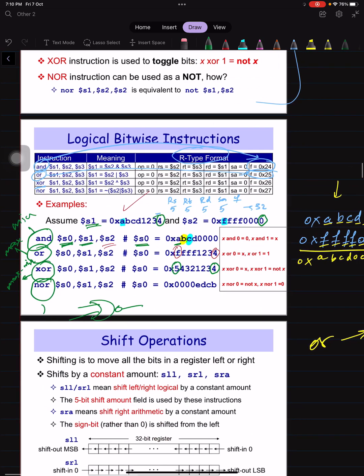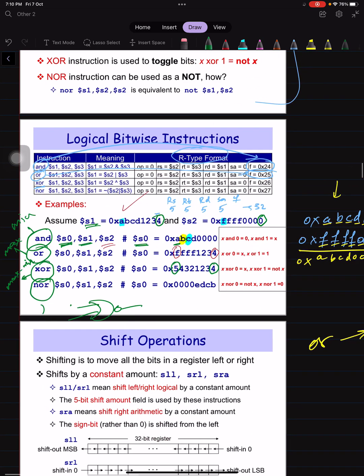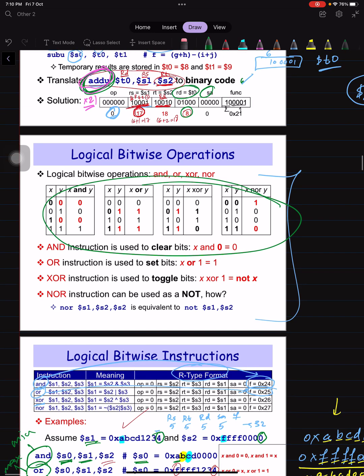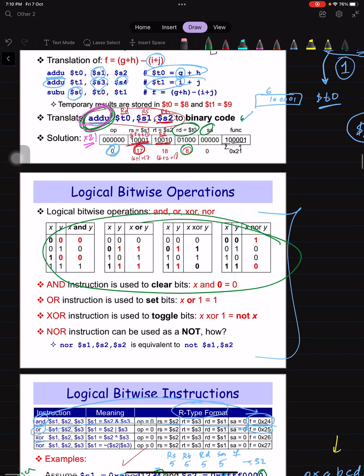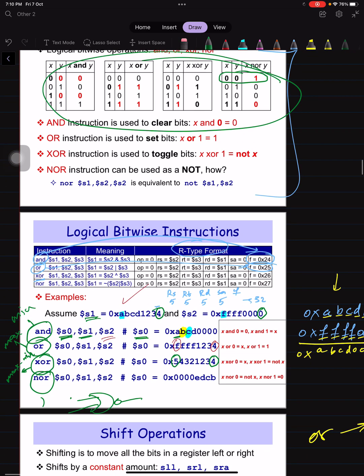If we have 0 and 0, the answer will not be 1 unless we have two zeros. We need to have 2 zeros so that we have a 1 in here.